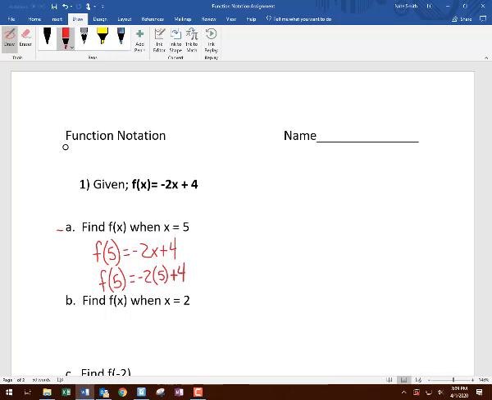Negative 2 times 5, which we know to be negative 10, plus 4. So we should get an answer of f of 5 equals negative 6.